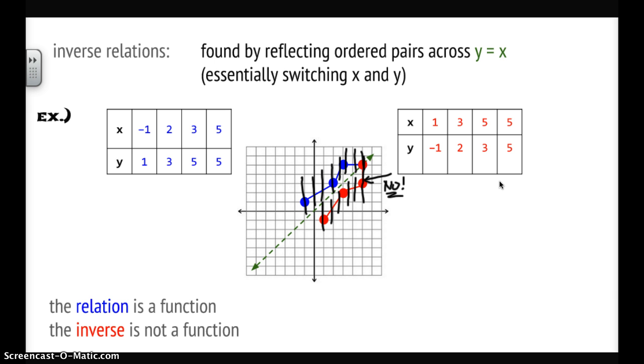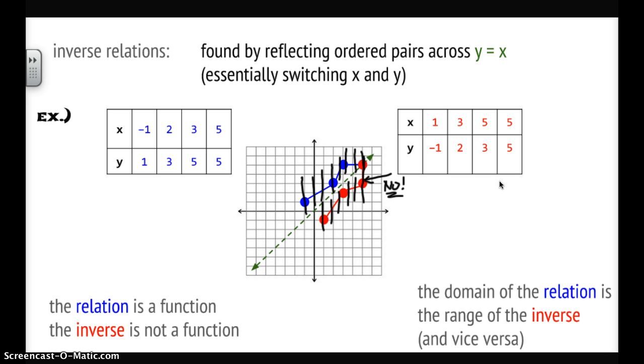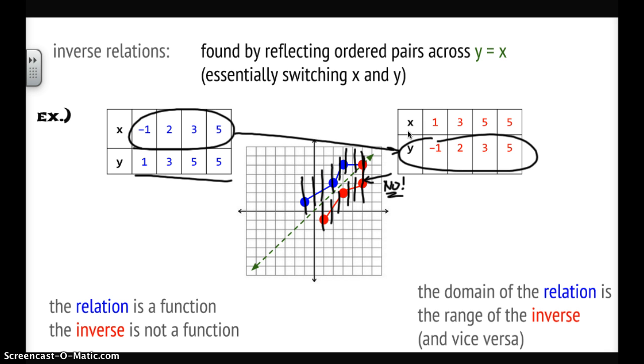Something else I want you to notice here. The domain of the relation is the range of the inverse. And vice versa. The range of the original function is the domain of the inverse.